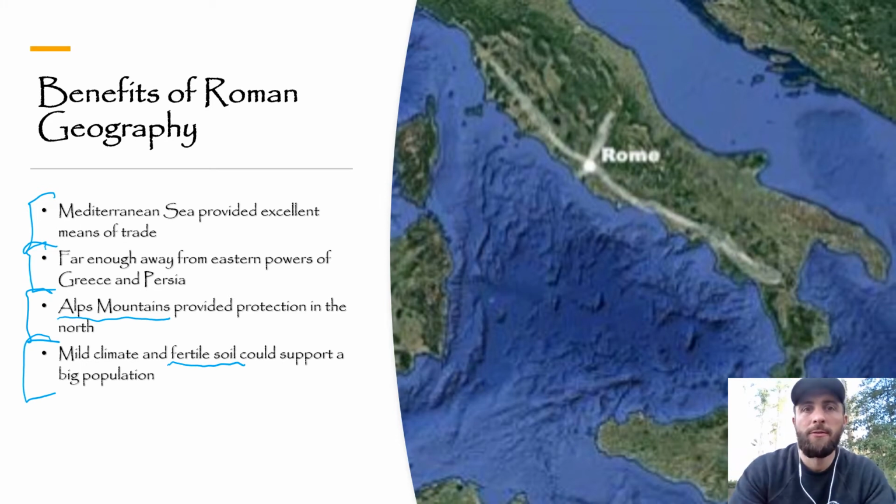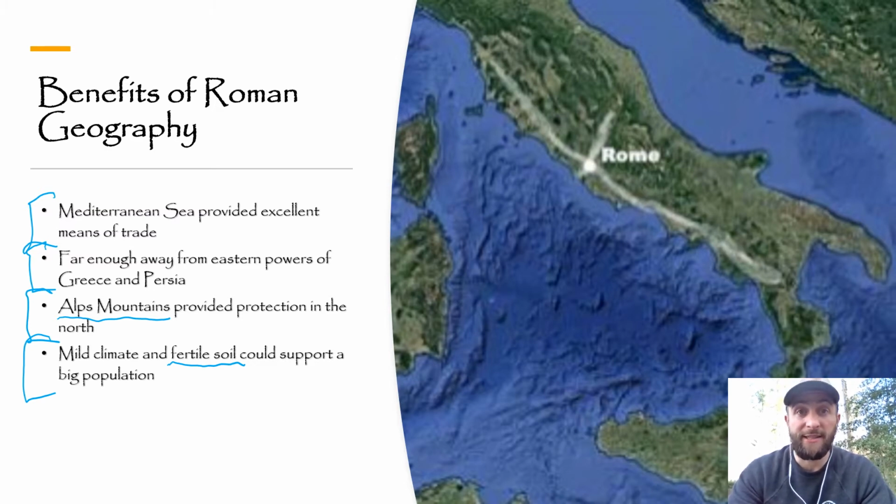fertile soil. Remember, the Greeks did not have great farmland in their peninsula and in their mainland in general. They had some pockets of good farmland, but as a whole, Greece was very mountainous and it did not have a lot of good farmland. Because of this, they often weren't able to provide enough food to support their entire population.